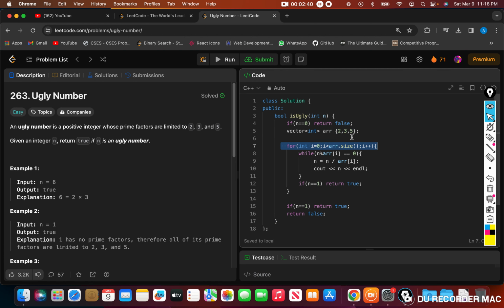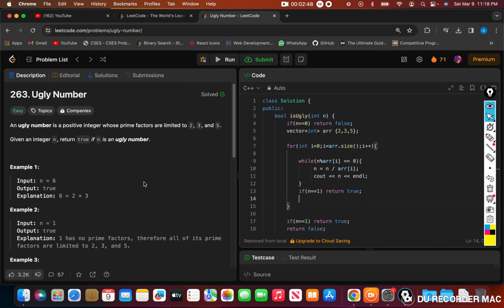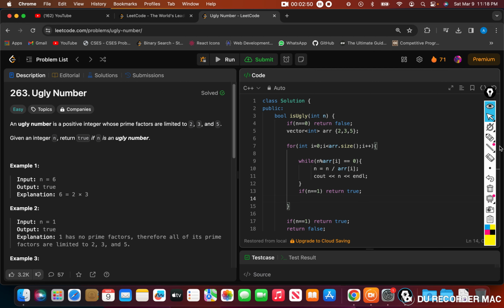Now we have to iterate over 2, 3, and 5, and find whether the number is completely divisible by them. First, consider that our number is 6. We start our loop from 2.